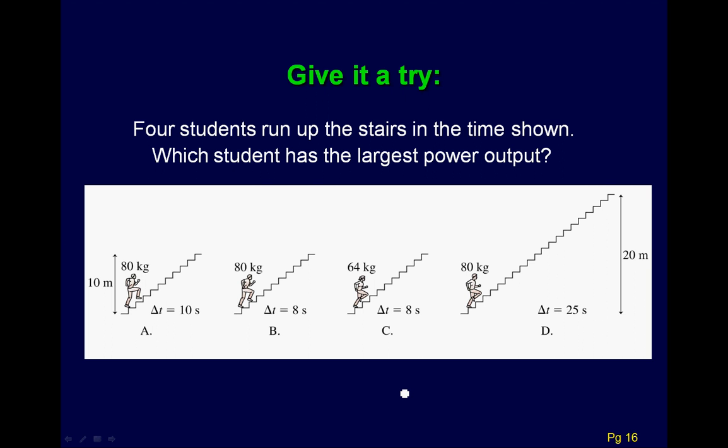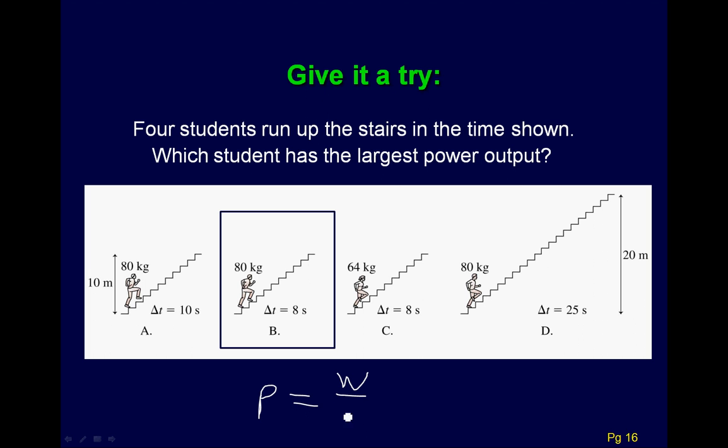The answer here would be B. The idea is the power is equal to the work, or the energy, divided by the time. Here, the work the students are doing would be mgy, and the time is just the time given.